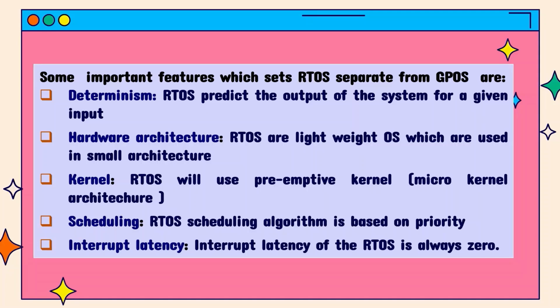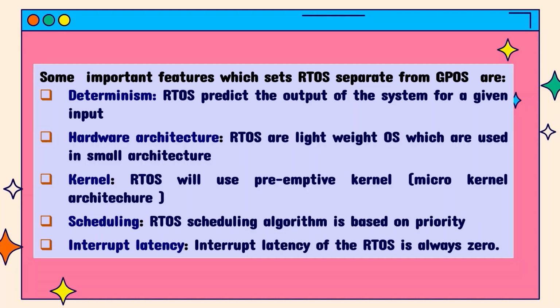Whereas in GPOS we cannot predict the output, but we can predict the time of the output. In GPOS mostly randomness is involved. RTOS are mainly used in defense systems which are more deterministic, like missile operating systems, communication systems, etc. GPOS are used for normal applications like audio-video systems, personal computers, etc.